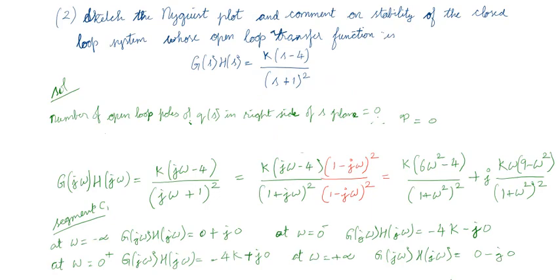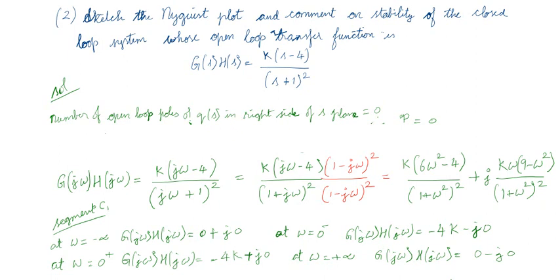Next problem. They are given G of s, H of s, right? In this they are asking to comment on stability. First thing, we have to find the number of open loop poles of Q of s, right? What is Q of s?